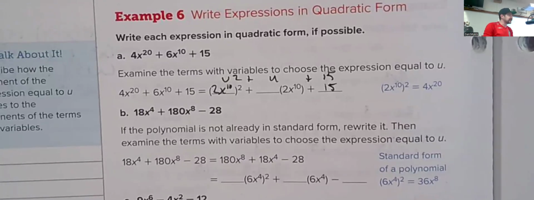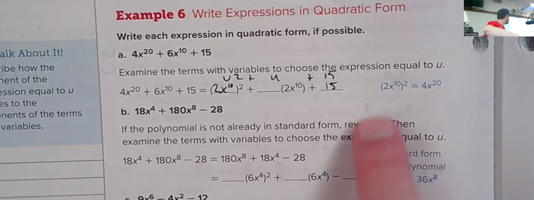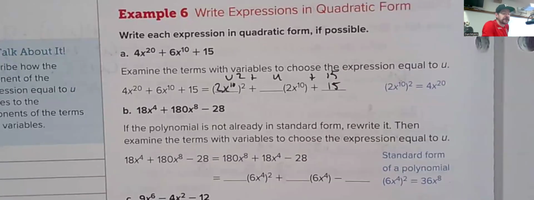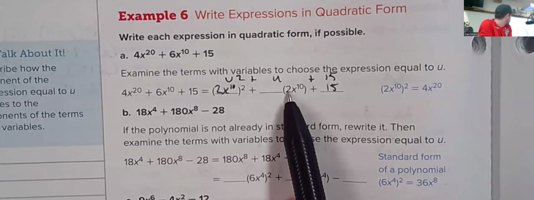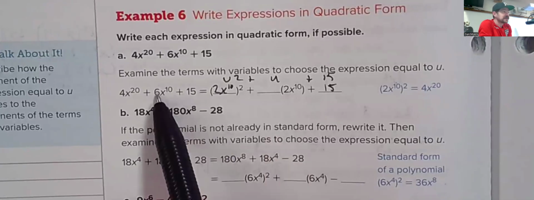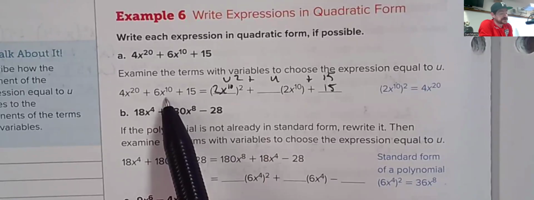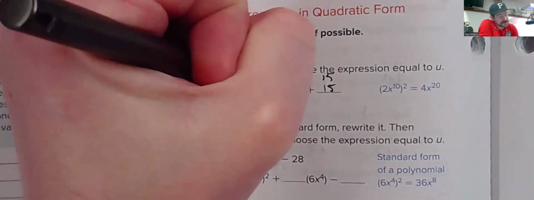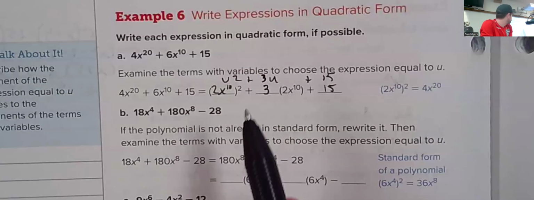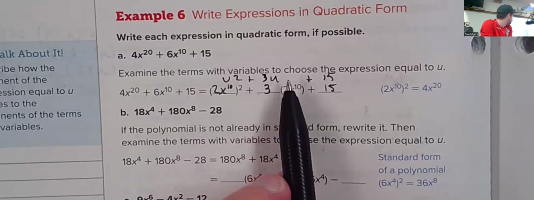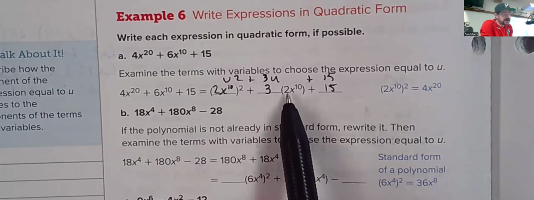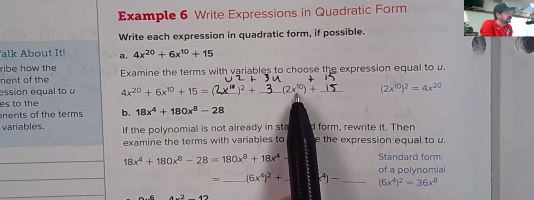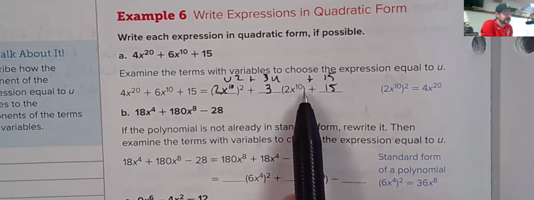U is always replacing something with x, and since this last term doesn't have an x, we don't need to mess around with it. But what number multiplies by 2 in order to equal 6? 3. So we're actually looking at u squared plus 3u plus 15, because the value of u has to match in both the first term and the second term.